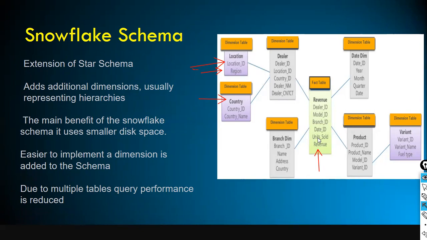Now you are in a dilemma. You are saying that the snowflake schema uses less disk space, but the report performance is lower. Which one should I go with? It all depends on your project and customer requirements.